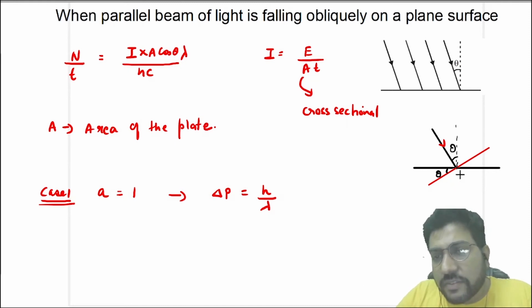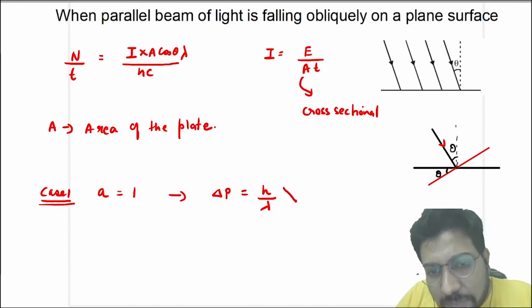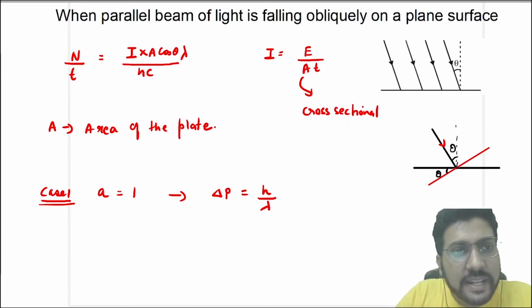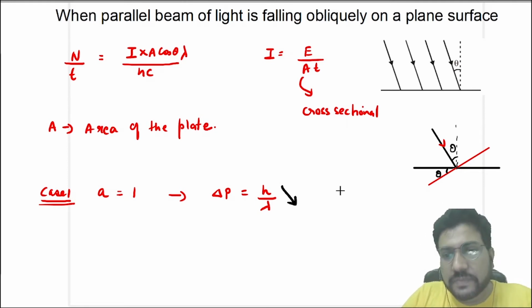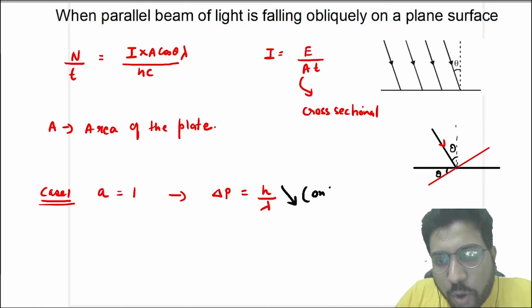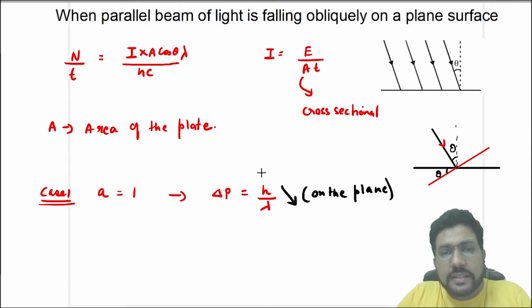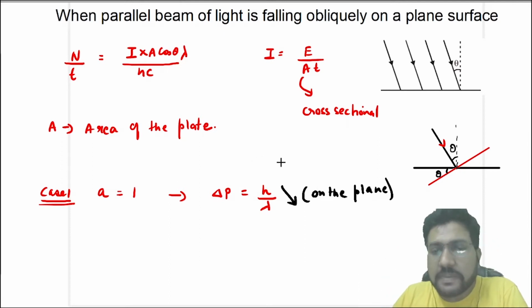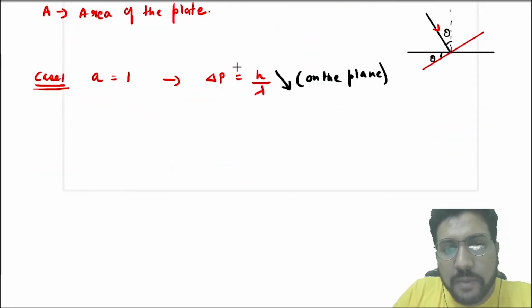So the direction of change in momentum on this plate will be in this direction, okay, because it is along the incident light. So this is the direction of the change in momentum, this along the incident light, on the plate. If they are asking you on the photon, then it will be upwards, okay. And the direction of change in momentum is same as the direction of force, because force is rate of change of momentum.